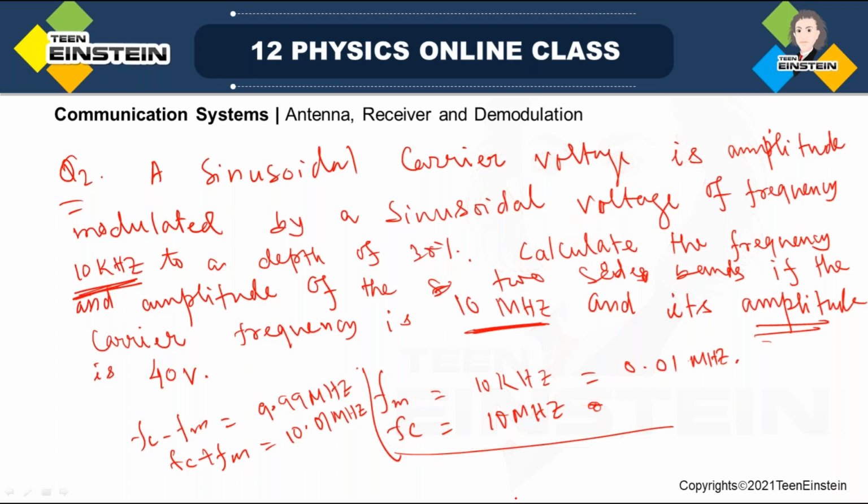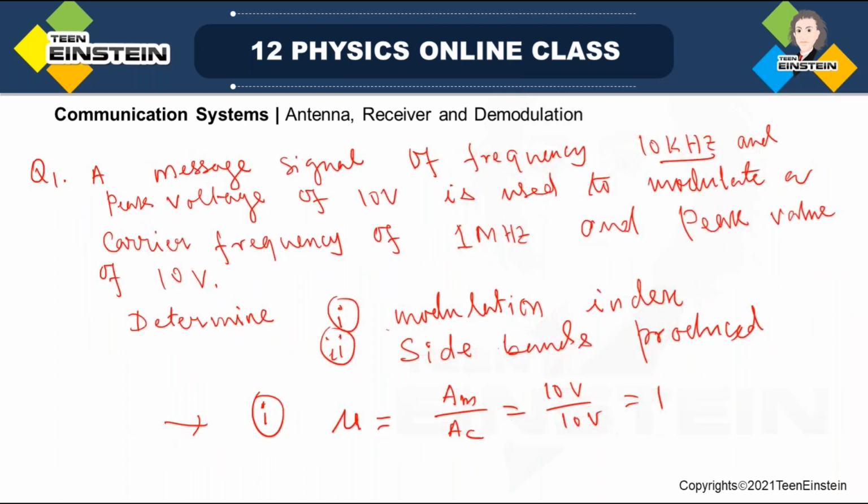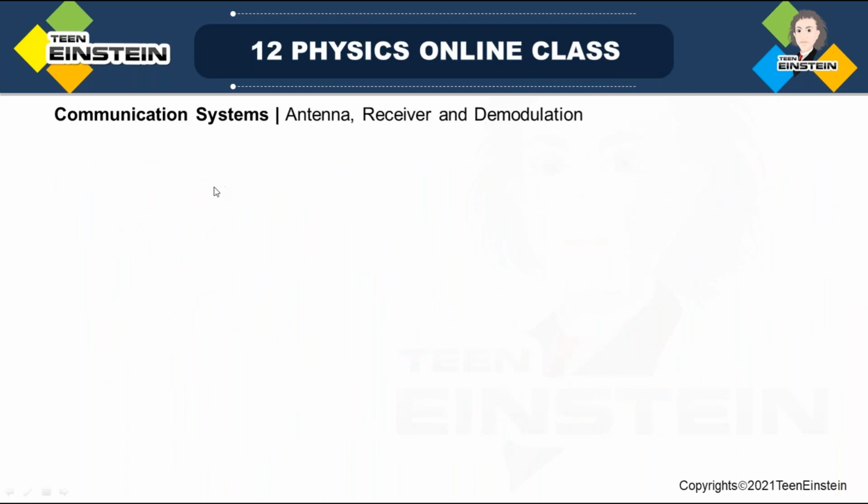Now the question is, what is the amplitude of the two side bands? How will we calculate the amplitude of the side bands? Let me erase this.